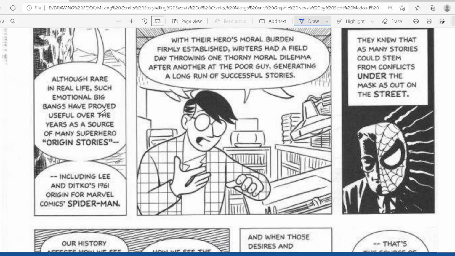Although rare in real life, such emotional big bangs have proved usual over the years as a source of many superheroes' origin stories, including Lee and Ditko's 1962 origin for Marvel Comics' Spider-Man.